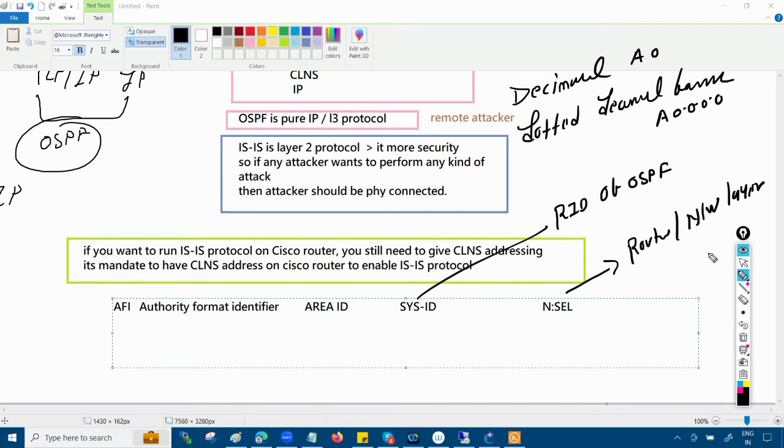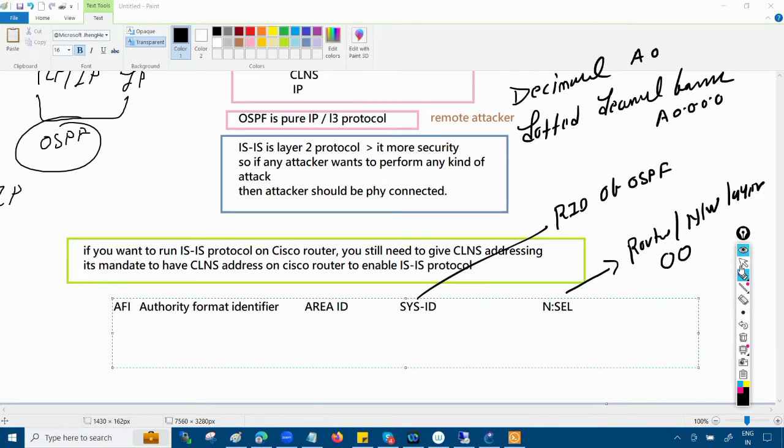It is always set to 00 in ISS. If you put any other value, the command will be rejected. The 00 represents the network layer.